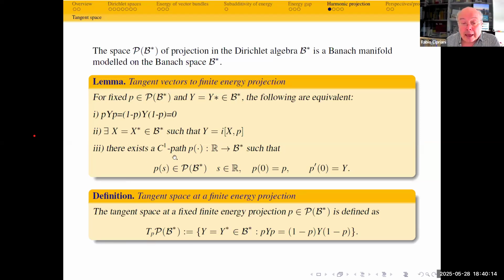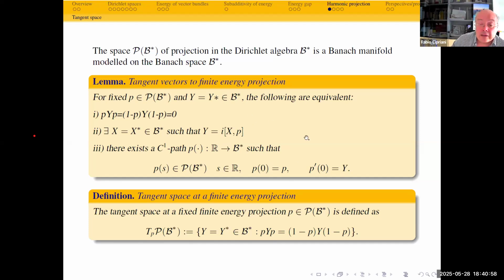So there exists a smooth C1 path on the real line with values in this Banach algebra, B star, which is a path of finite energy projections, which starts at P, which is fixed from the beginning, and whose derivative at 0 coincides with Y. So that's the reason by which a self-adjoint operator verifying this property or this property will be called a tangent vector at the projection P.